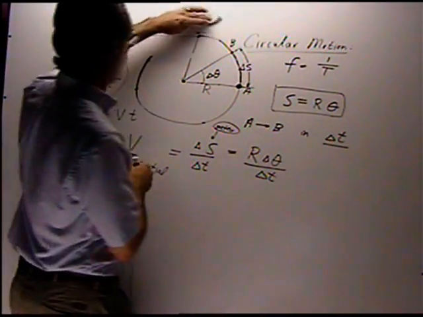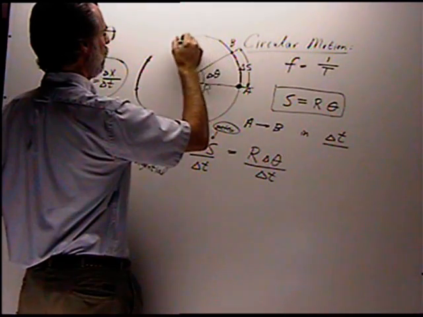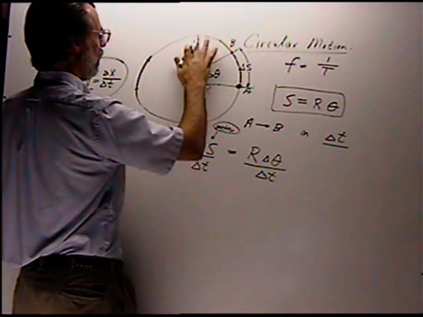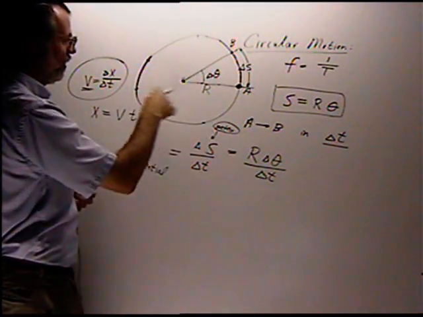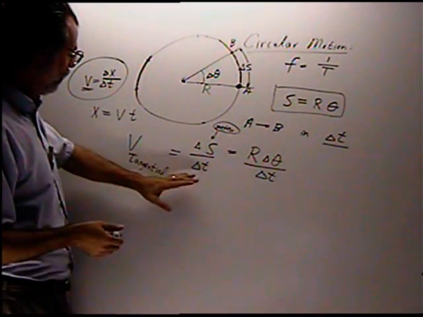In any case, we're not going to cut the string. We're going to keep on going around, and the string's radius is going to be constant. So let's look at this equation.